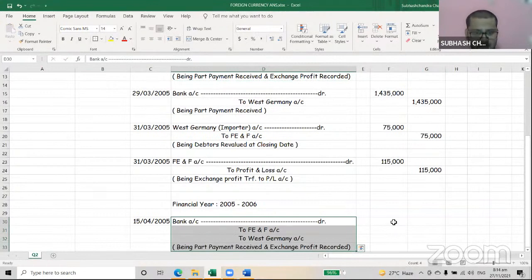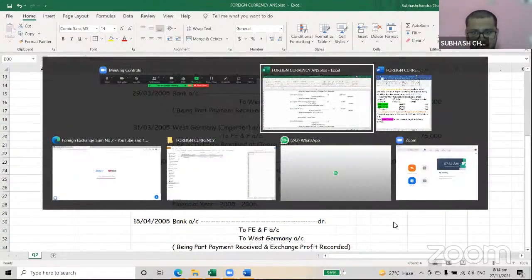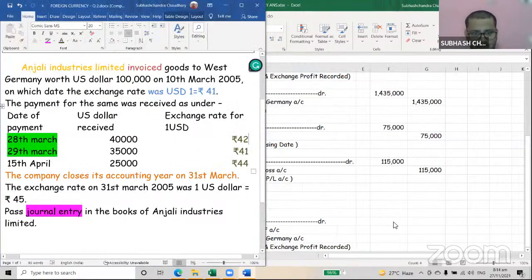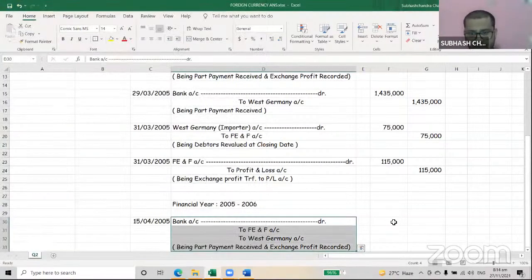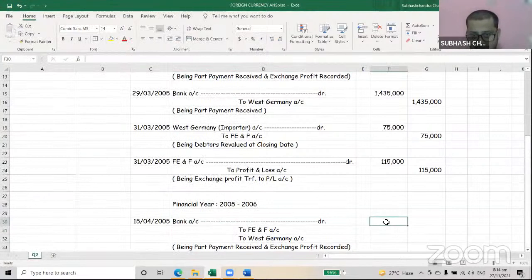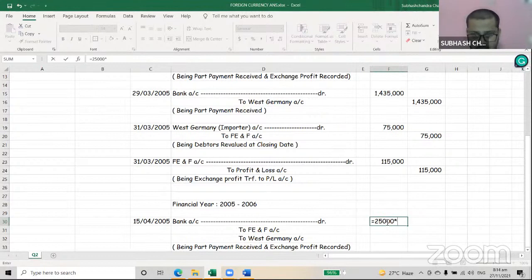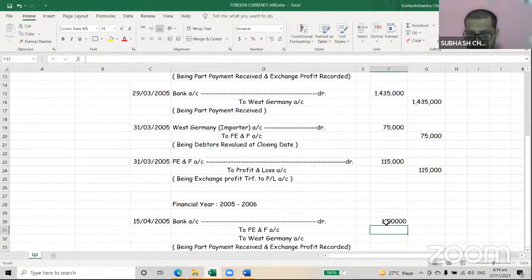So what will be the amount? 25,000 into 44. 11 lakh.